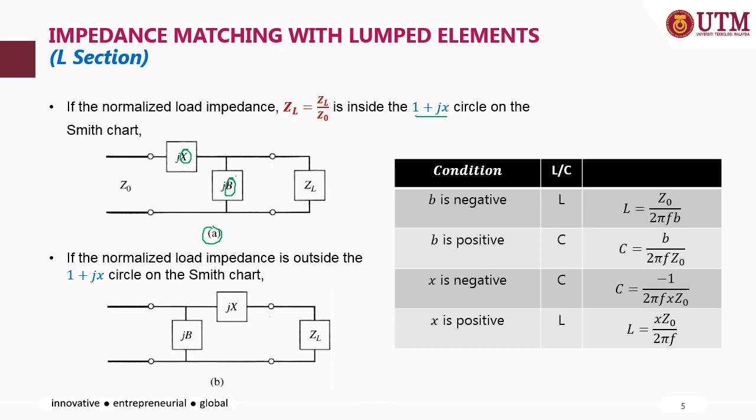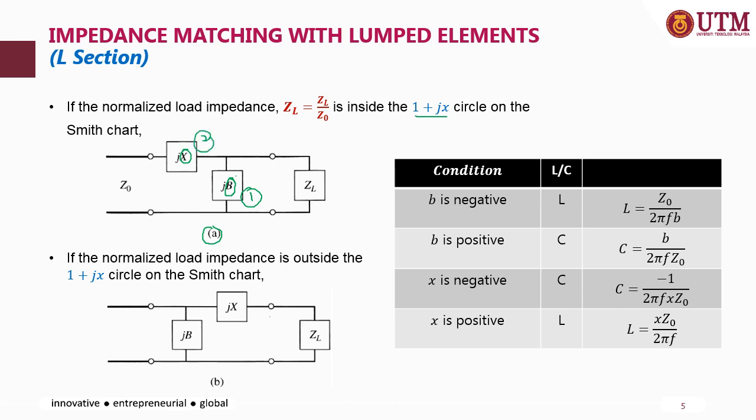All right, so from the formula, if you have the susceptance B is negative, the first element that you need to look at, for example for configuration A, is the component of the first element here, and next will be here.